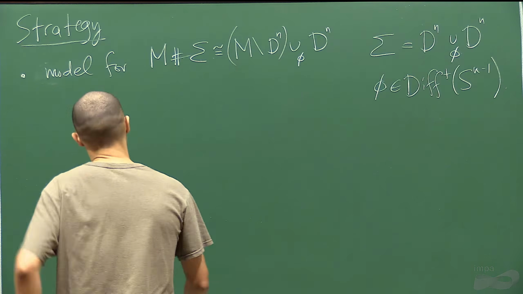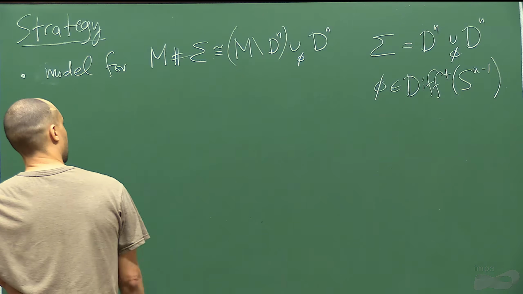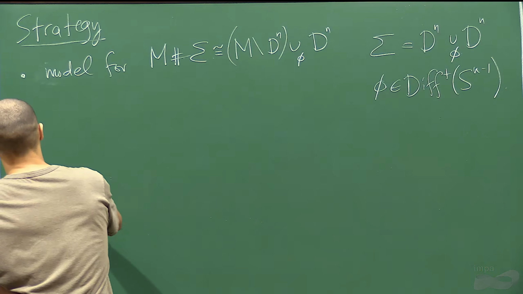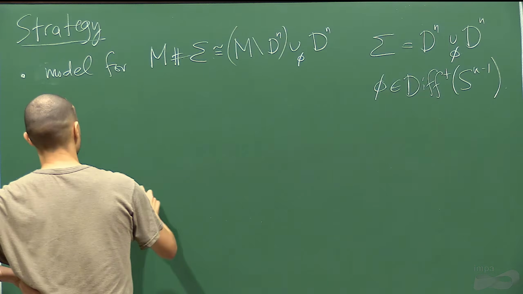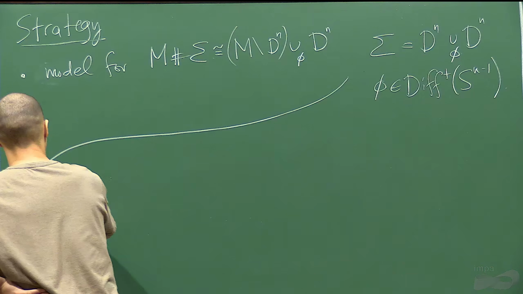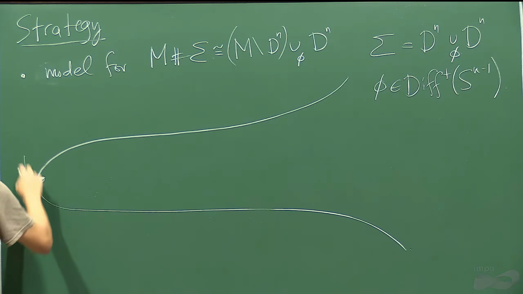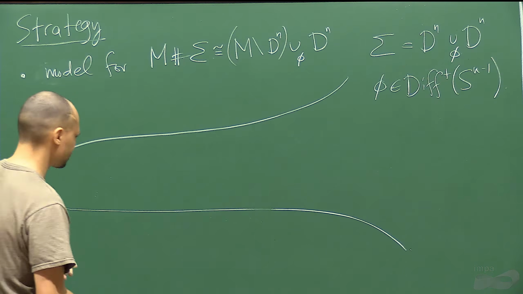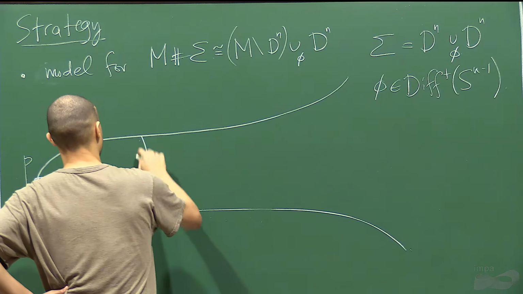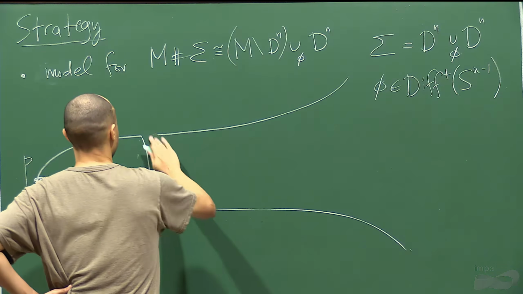Okay, so let me draw a picture of M connect sum sigma, which will guide us in constructing the metric we want. Well, here's first maybe a picture of M. So we're going to fix a point P, which will be a base point, and P maybe is chosen with large injectivity radius.